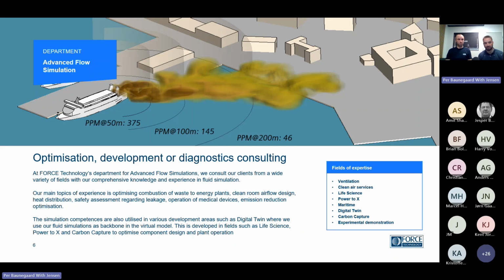And as the image here shows, we can also help in assessing safety around leakage with emerging power to X industries. There can be some concern about leakage. What happens if ammonia, methane, hydrogen, and so on leaks from a tank or production facility, and we can then assist in saying, due to weather and so on, how would that affect the surrounding area.